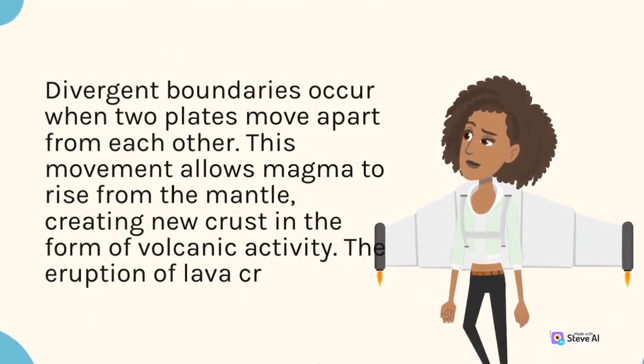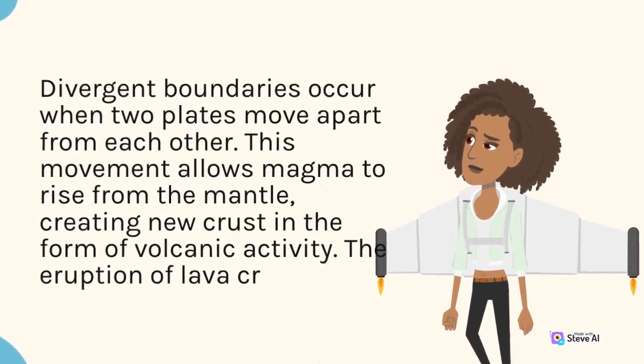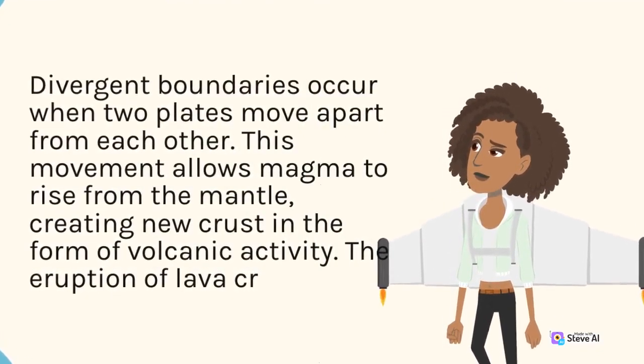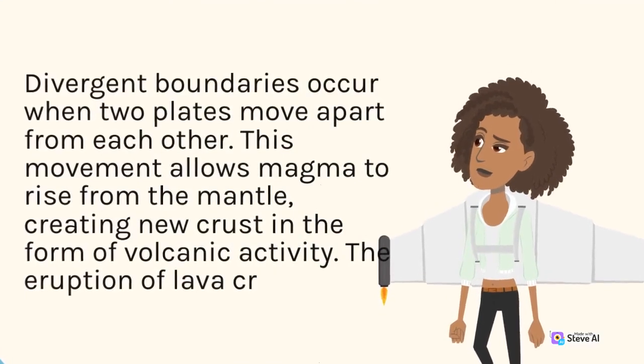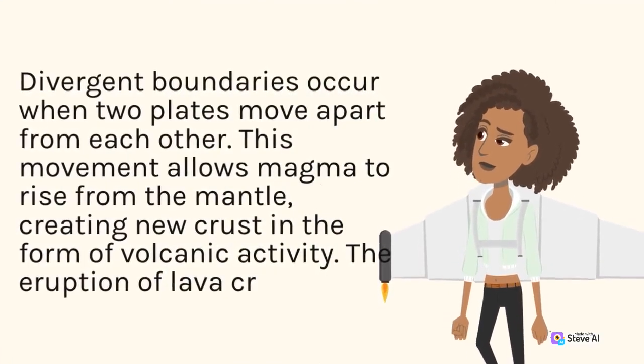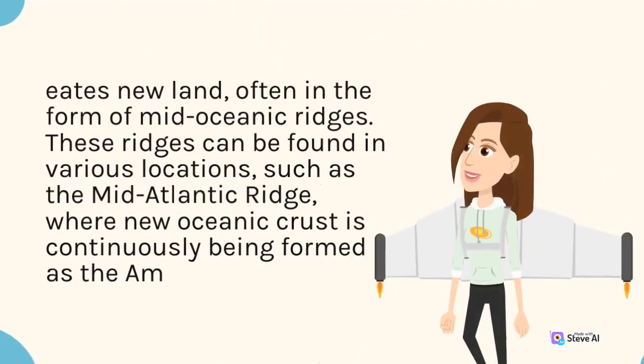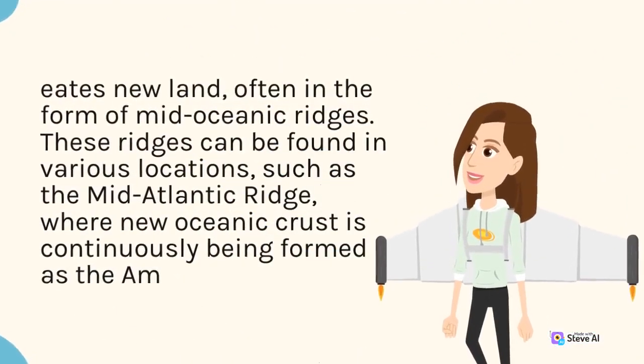Divergent boundaries occur when two plates move apart from each other. This movement allows magma to rise from the mantle, creating new crust in the form of volcanic activity. The eruption of lava creates new land, often in the form of mid-oceanic ridges.